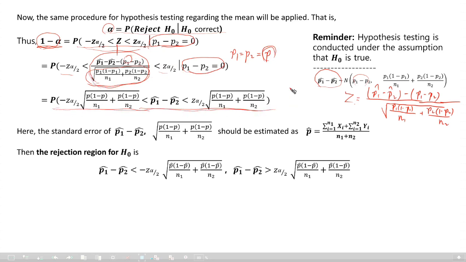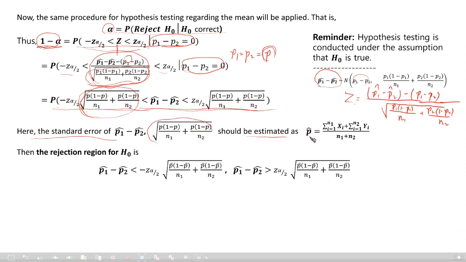This one is for 1 minus alpha. Anyway, we have to estimate this value. The standard error of P1 hat minus P2 hat is the square root of P times 1 minus P over N1 plus P times 1 minus P over N2, which should be estimated.